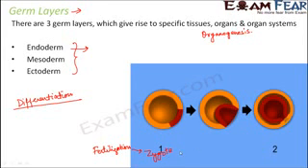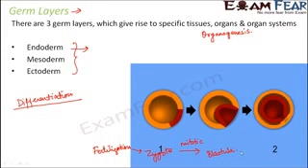Now this zygote undergoes mitotic division, in fact repeated mitotic division, to form a hollow ball of cells which is called the blastula. Now as I was mentioning some time back, this hollow ball of cells gradually develops an outer layer which fixes it to the uterus, and there is an inner cell mass which further differentiates to form the embryo.